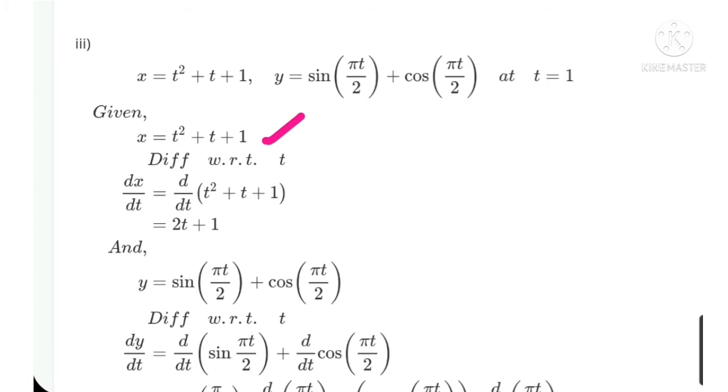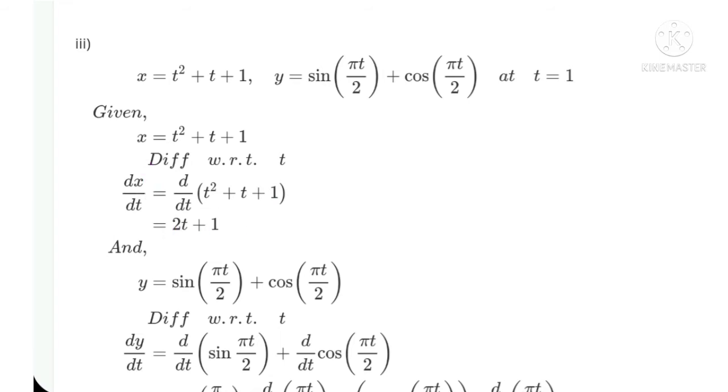So you differentiate with respect to t. We get dx by dt is equal to d by dt of t square plus t plus 1. What is the derivative of t square? 2t, and derivative of t is 1. So we get dx by dt is equal to 2t plus 1.